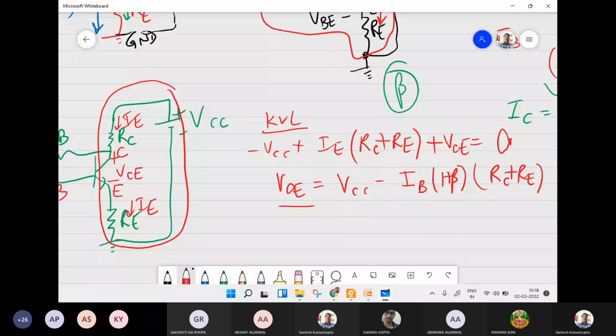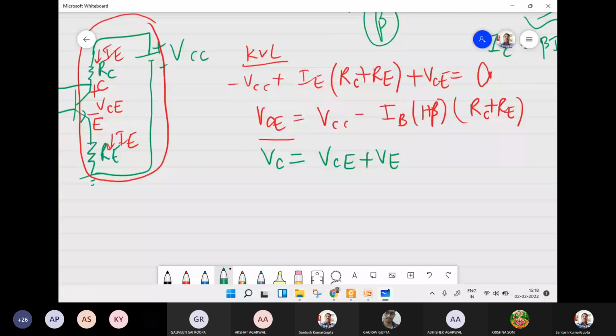Once we know this VCE value, we can find out the VC by adding VCE to the emitter voltage VE, and VE can be found by just multiplying IE times RE.